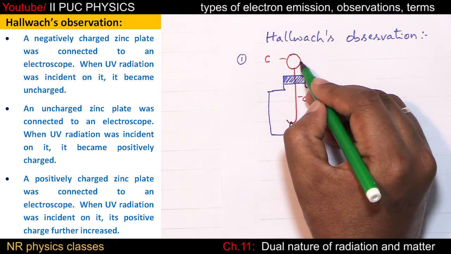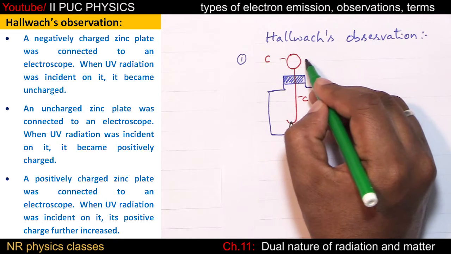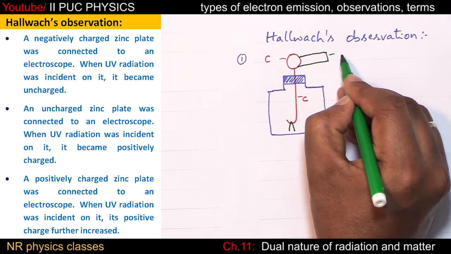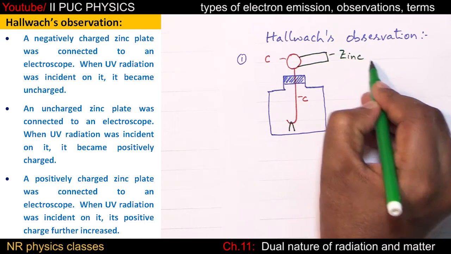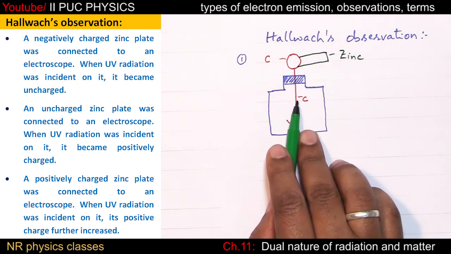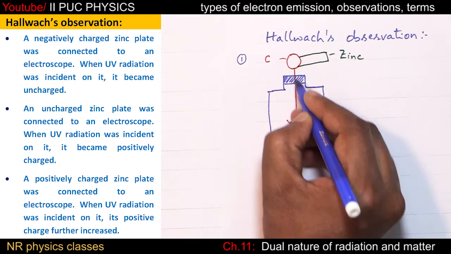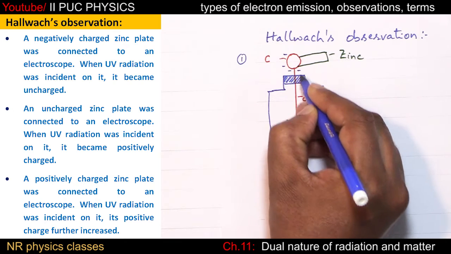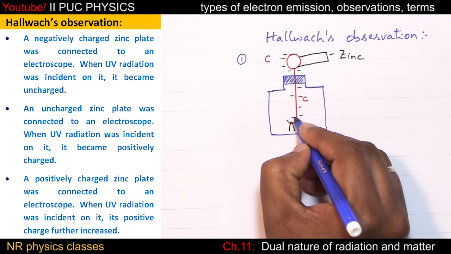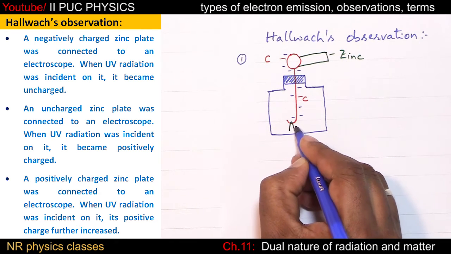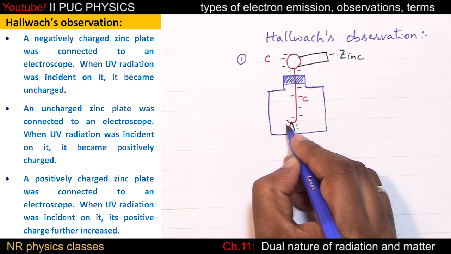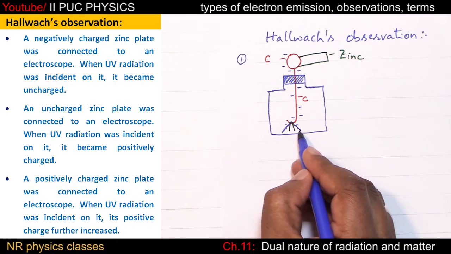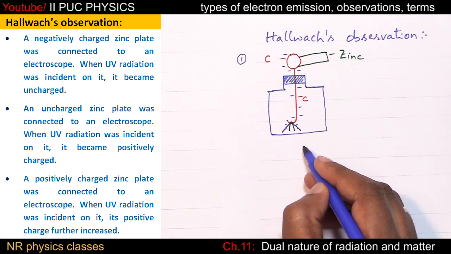To this electroscope a zinc plate is attached. Let this be zinc. Metal, metal, metal, this is also metal. If this electroscope is already negatively charged, means every part will be negatively charged, this is also negatively charged, so because of negative repulsion, the gold leaf will spread out, something like this.